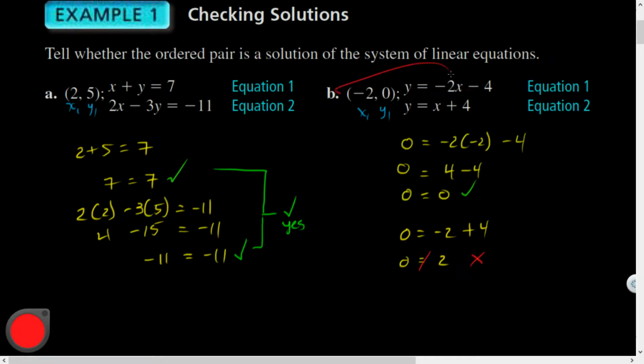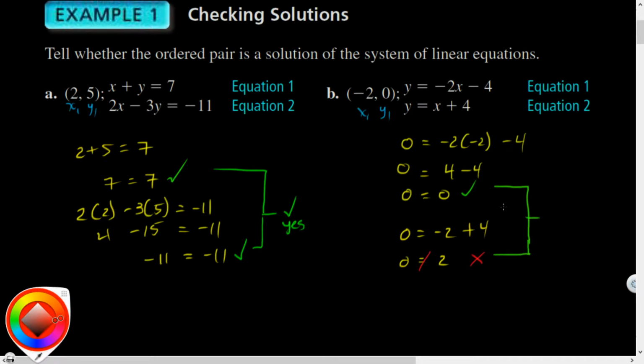It only works in the top one. So this point was on this line, and it was not on this line. And when I combine those two things and ask, is it a solution of the system? The answer is no. This point was on one of the lines, but not both of the lines.